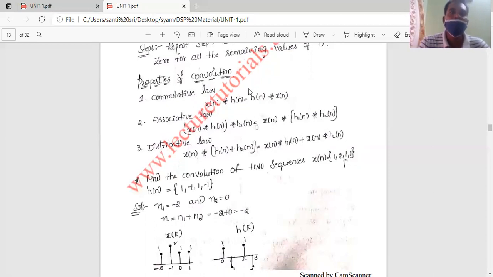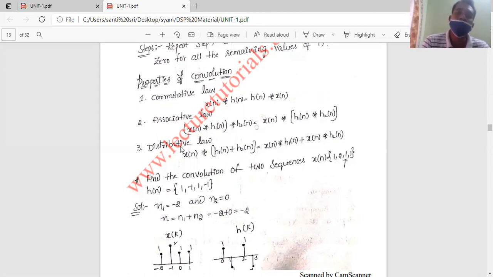What are they? Commutative law, associative law, and distributive law. Commutative law is x of n convolved with h of n is equal to h of n convolved with x of n. Similarly, associative law is x of n convolved with h1 of n, whole convolved with h2 of n, can be written as x of n convolved with the whole of h1 of n convolved with h2 of n.